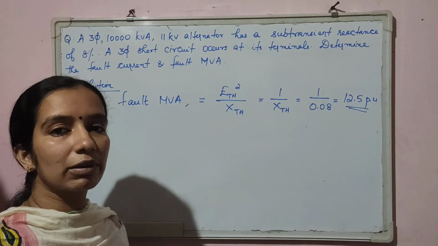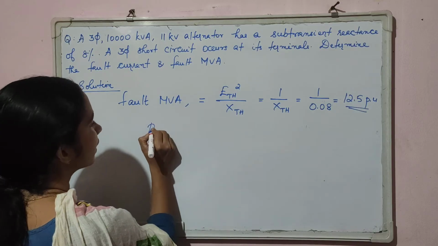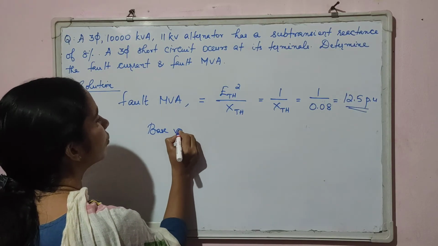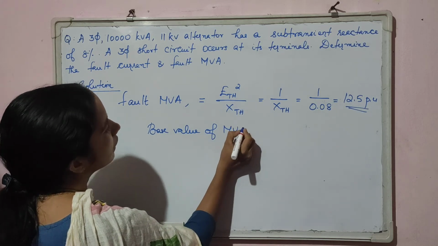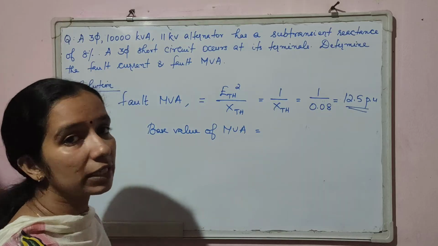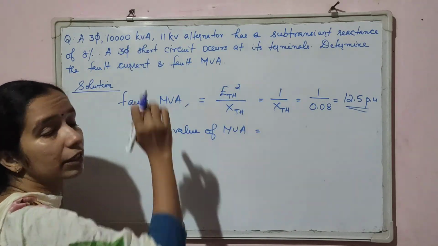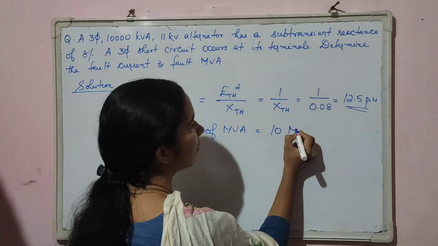Now we need to calculate the actual value of fault MVA. For that we need the base value. The base MVA corresponding to this question is nothing but the MVA rating of the given generator, which is equal to 10 MVA.